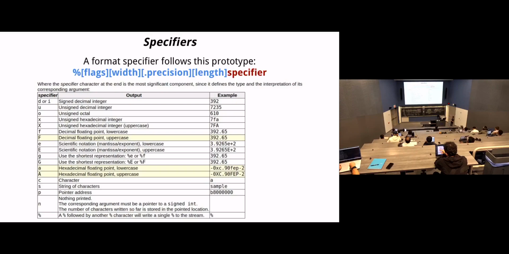So you have been using some of them, like percentage d. You are familiar with this one. So d or i is just for signed decimal integer. We have been using x a lot. That one is for hex. And also you can use the uppercase X, so for example, then the output will be uppercase.